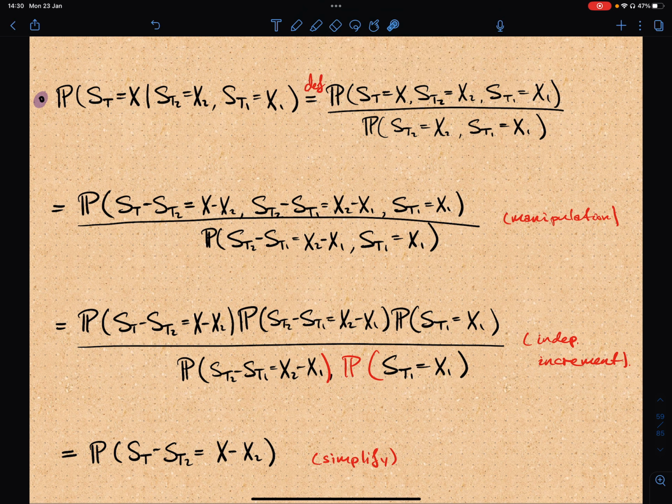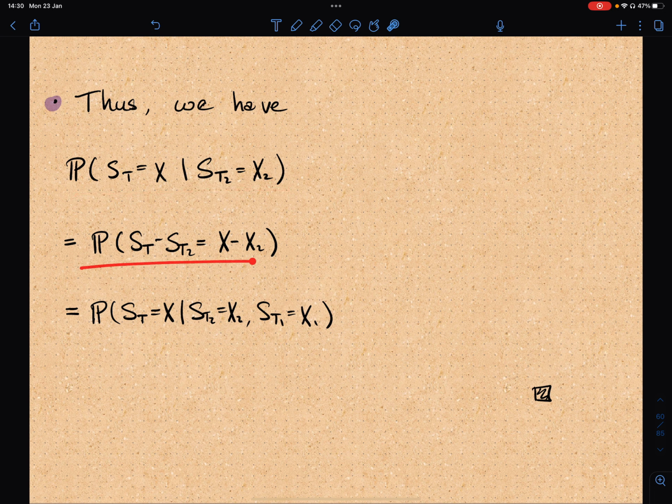And you can simplify, canceling this out. We see that this conditional probability is just equal to the probability that the increment from t2 to t is equal to x minus x2, which is the same thing that we had in the previous case. With the left-hand side, we showed that it's equal to this, and with the right-hand side, we showed that it's equal to this. So we have the Markov property.